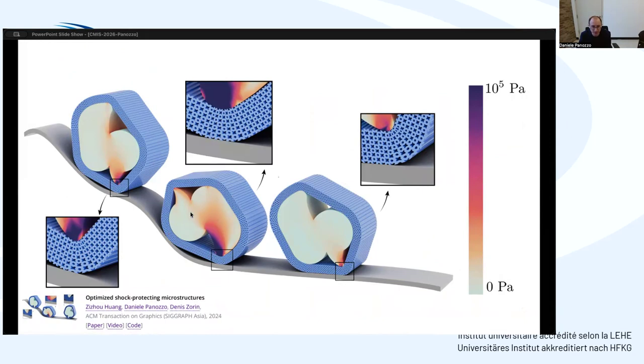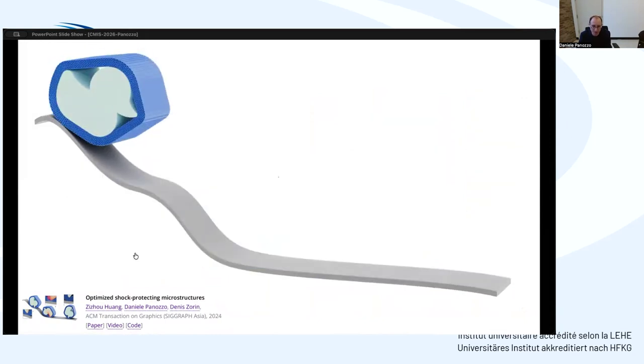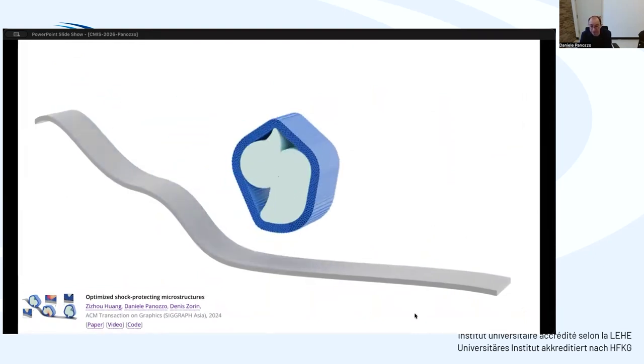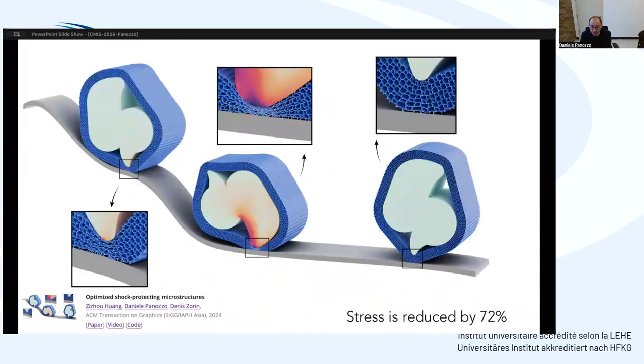After optimization, we get a new geometry for a foam which, for this specific scene, has a much lower maximum stress, reduced by 72%. What is exciting here is that we can actually optimize over time, so we can minimize max stress over a time sequence. And as part of the simulation, there is nonlinear elasticity, contact, and friction.